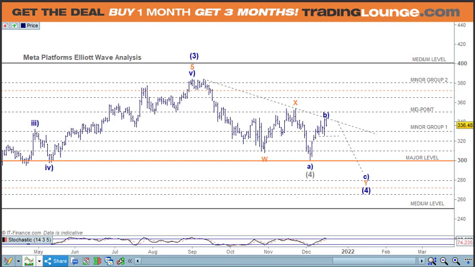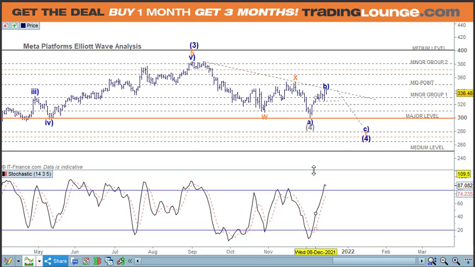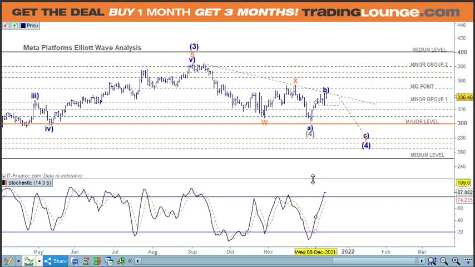Out of all the indicators, it's my favourite. But with all indicators, there's 3,000 of them, and when you think about it, they're all based off the price and the volume. So once you learn how to read price and volume, you don't really need them that much.